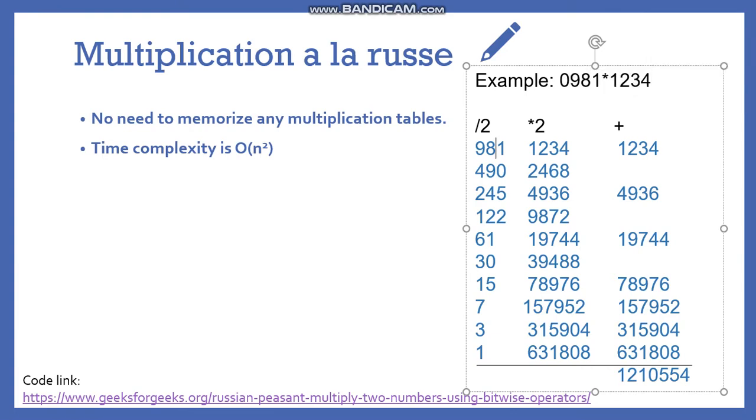We halve the first number until it is 1 or less than 1, and we double the second number. We sum the second number's values whenever the first number is odd. Here this is odd, so we take this; now this is even, so we don't take this; and now this is odd, so we take this, and sum these. After all these steps we have this sum, which is the multiplication of these two numbers.